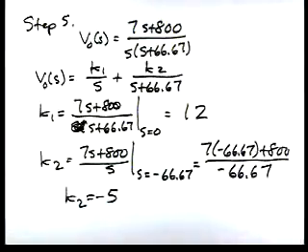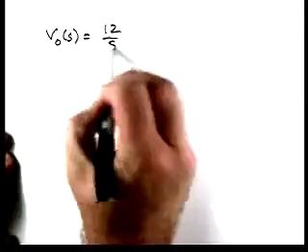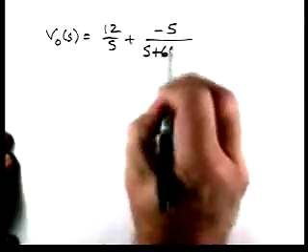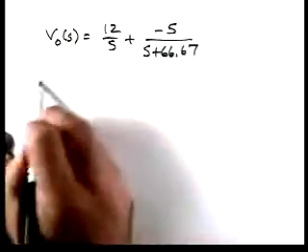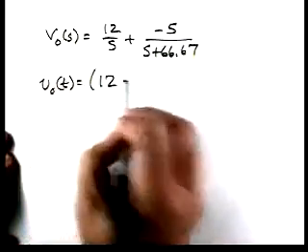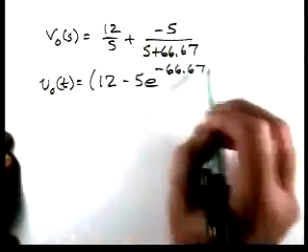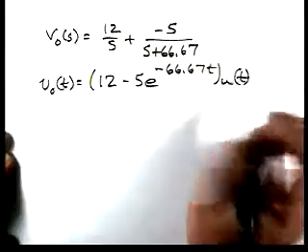So now we've completed our partial fraction expansion. So we have V0 of s is 12 over s plus minus 5 over s plus 66.67. So V0 of t then is 12 minus 5 e to the minus 66.67t u of t volts.